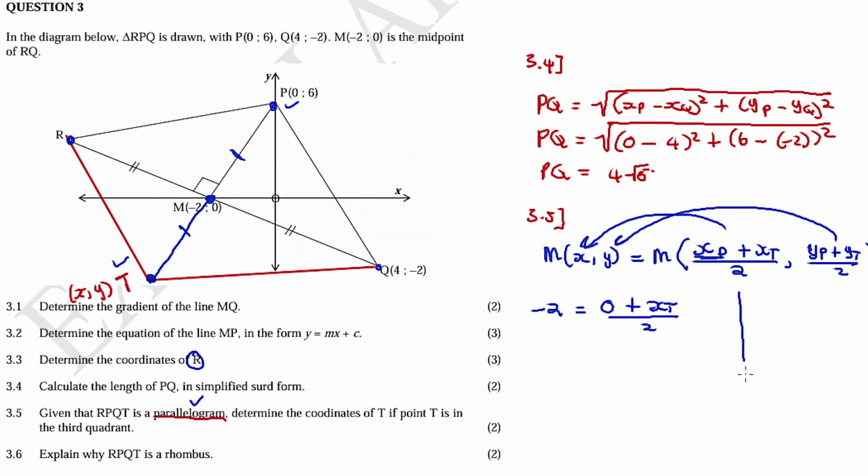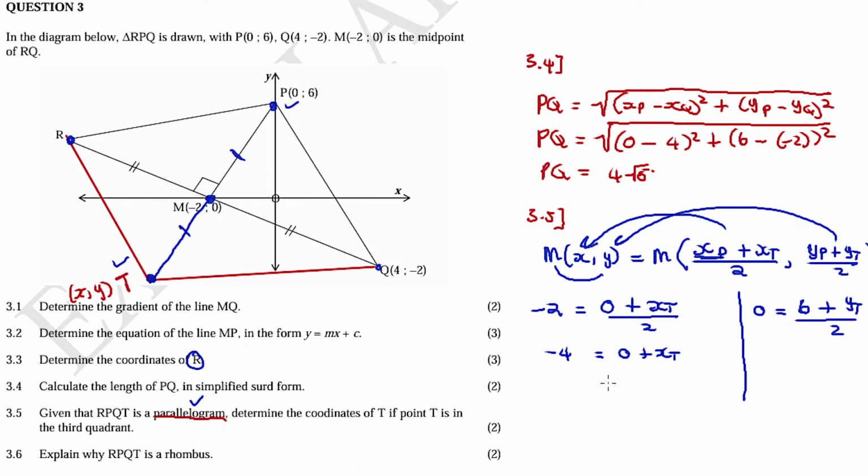And then the y. The y is what? Okay, my is 0, so it's going to be 0 equal to, what is yp? 6 plus, what is yt? I don't know, divided by 2. Cross multiply, we get -4 equal to 0 plus xt.